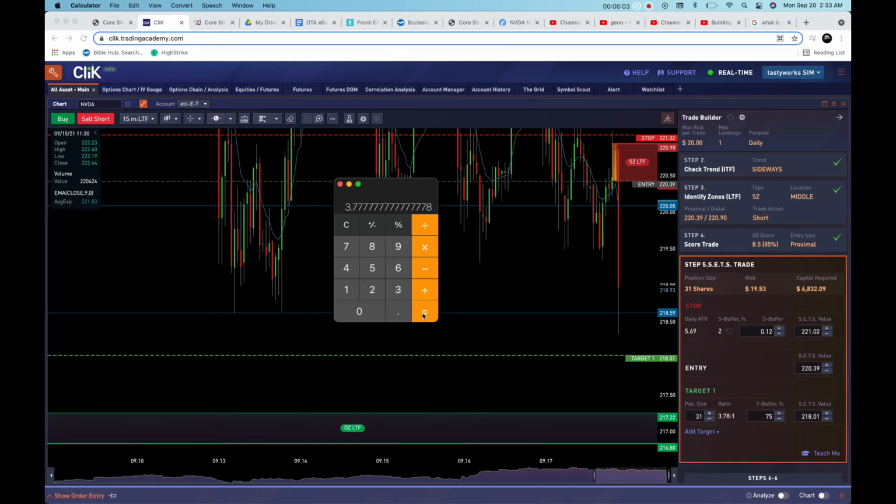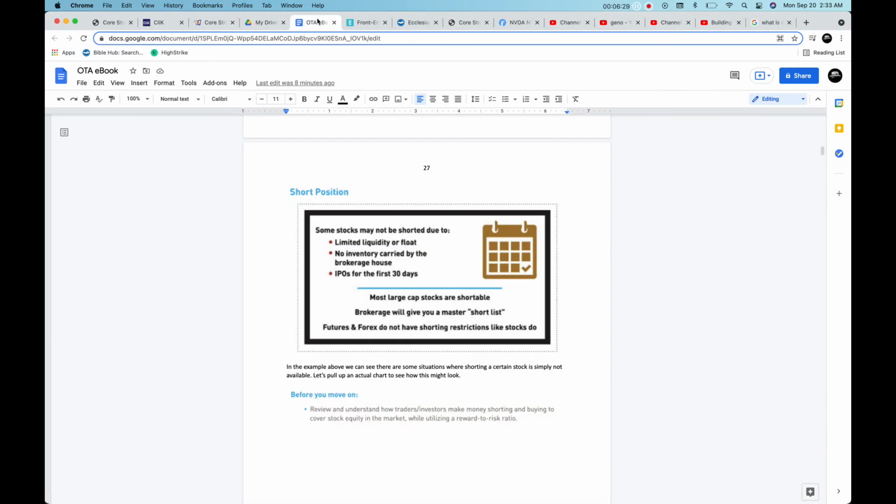That gives us a reward to risk ratio of 3.77. So it's just like we did before. We're going to take our reward and divide that by our risk. But because we're going short, we're going to take the numbers in a little different order as opposed to going long.